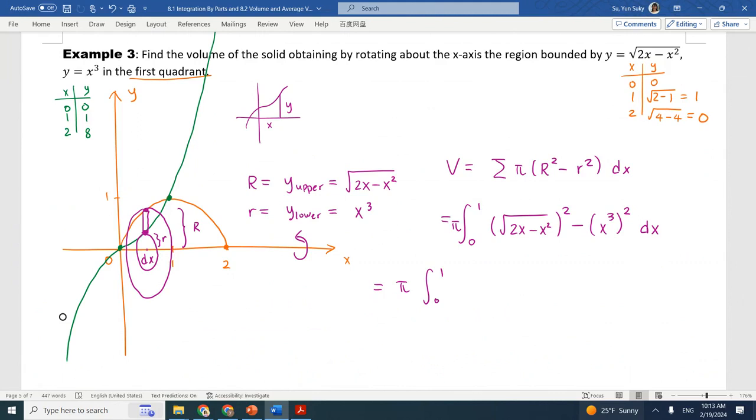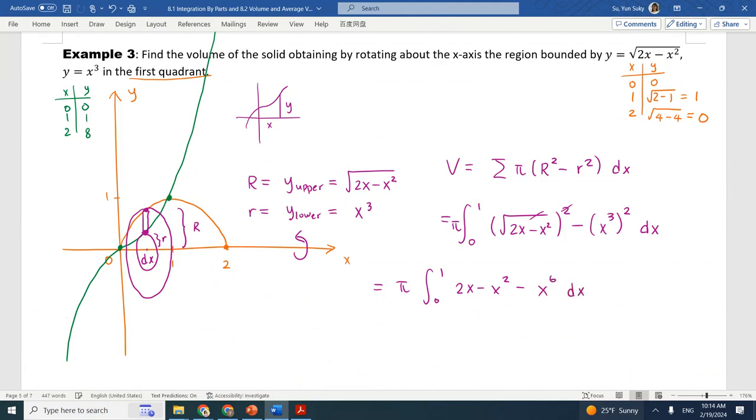What happened to the square and square root? They cancel. How nice. So we have 2x minus x squared. And what is x cubed squared? 5 or 6? 6.